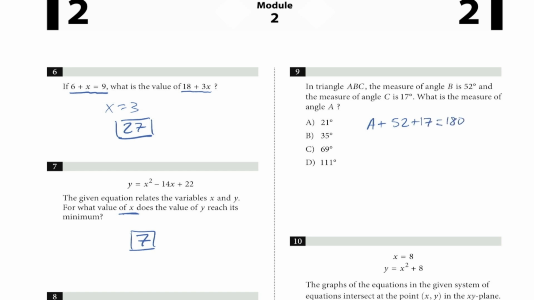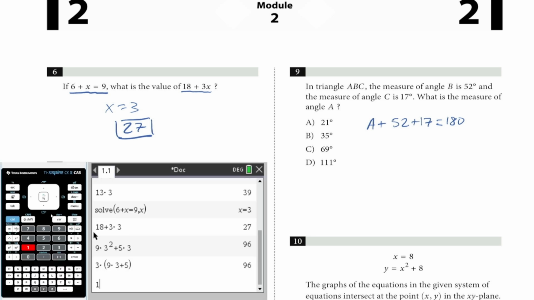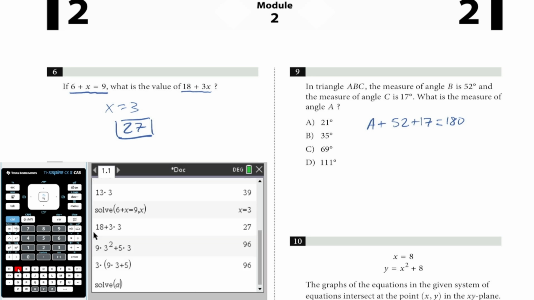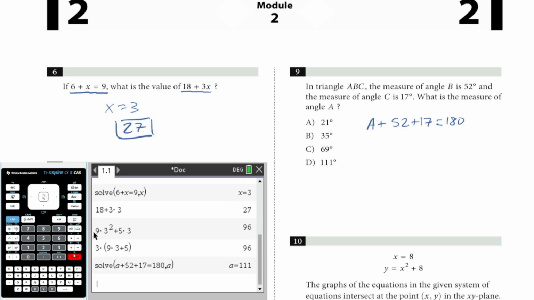So we just made an equation with an unknown. So use the calculator. We're going to go to menu, 3-1. We'll use letter A. So A plus 52 plus 17 equals 180, comma A. So we get 111.